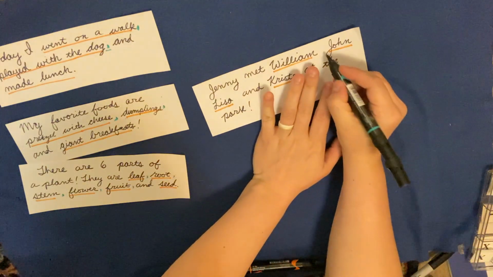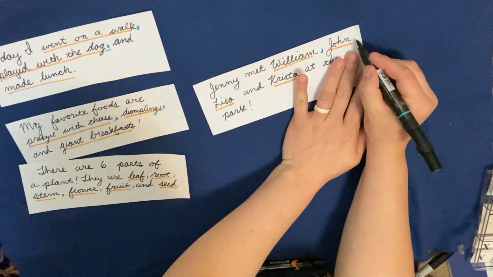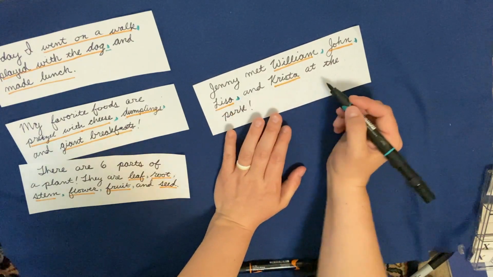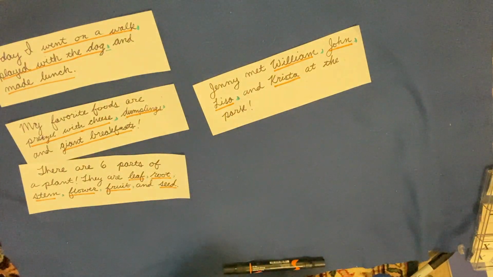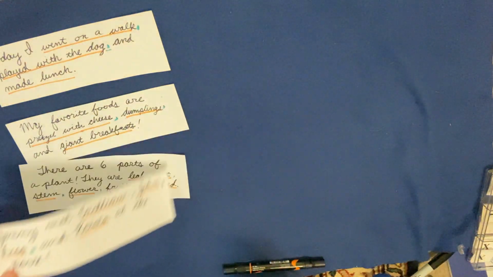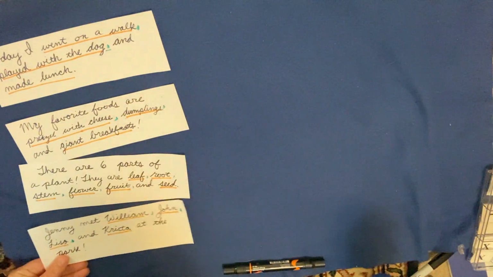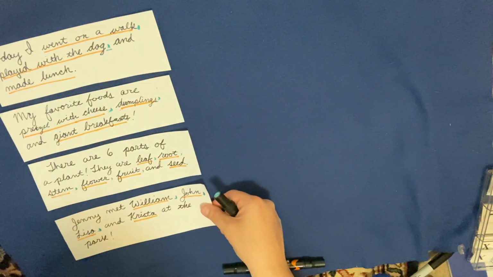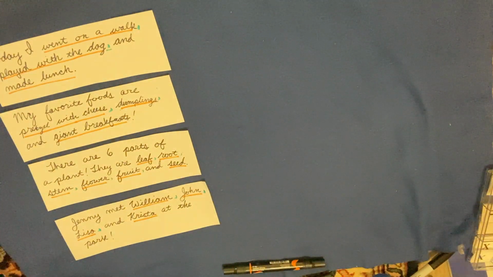Jenny met William, comma, John, comma, Lisa, comma, and Krista at the park. Cool, so we have added all of our commas, and now I'm going to show you my argument for why the Oxford comma is important.